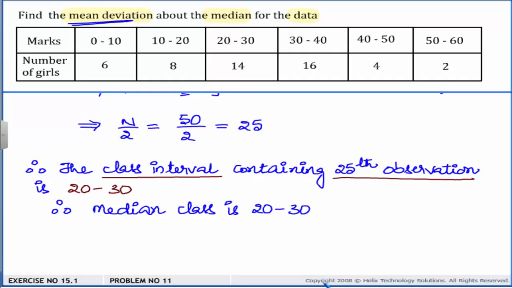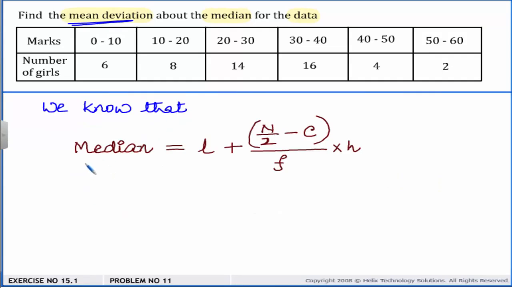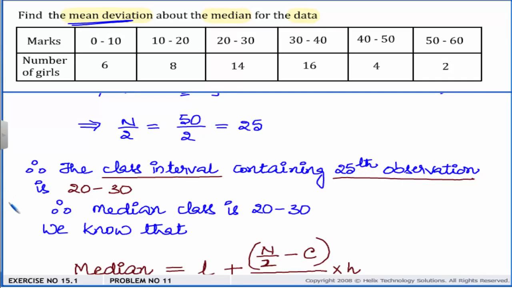We know that median is equal to L plus n by 2 minus C upon F into h, where L equals lower limit, which is equal to 20, as you can see here.